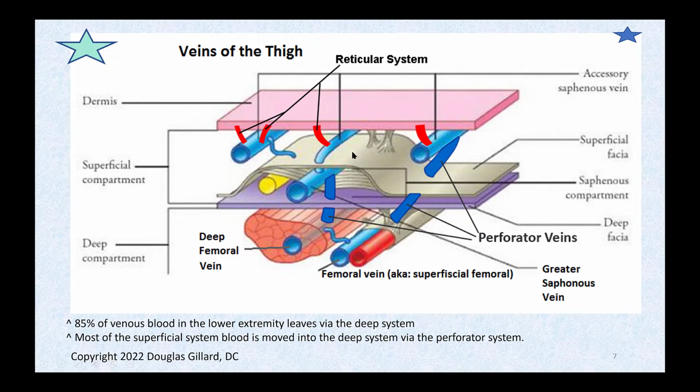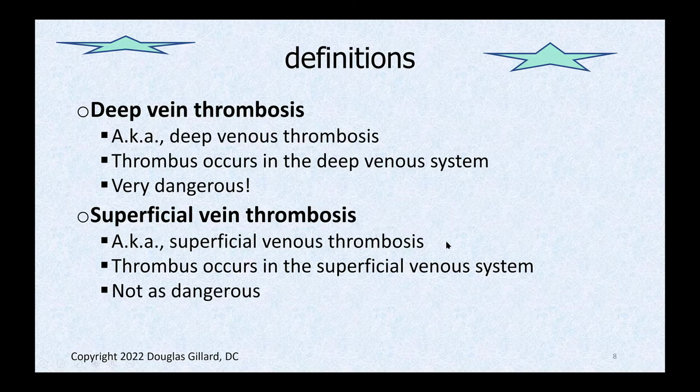How does blood get from the superficial system to the deep system? There are these perforator veins that connect the superficial system to the deep system, and we did this in lab already, so we'll leave it at that. Let's go back to our definitions. A DVT, or deep vein thrombosis, means a thrombus has occurred in the deep system.